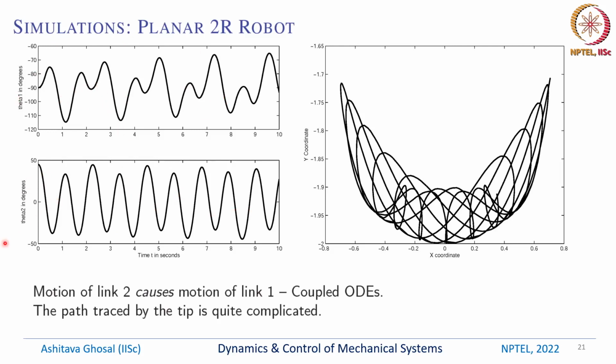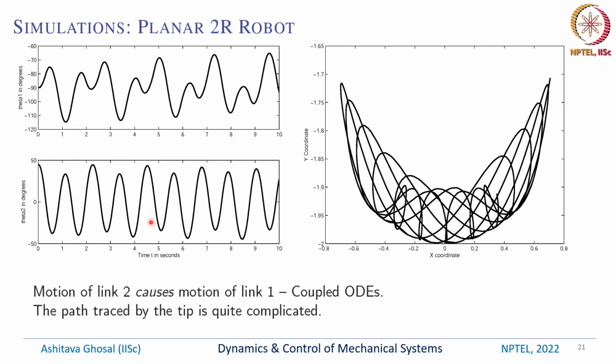So why does this happen? Basically what is happening is the two differential equations are coupled. So once you leave the second link, the motion of the second link causes a motion of the first link. Remember, we started with θ2 as 45 degrees and θ1 as minus 90 degrees. So it is vertically hanging down with the second link displaced by 45 degrees.